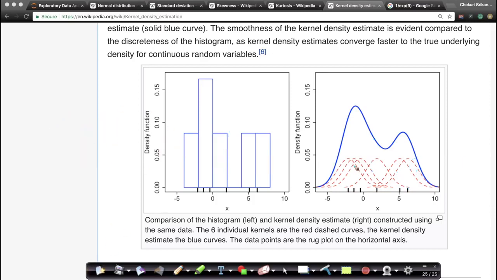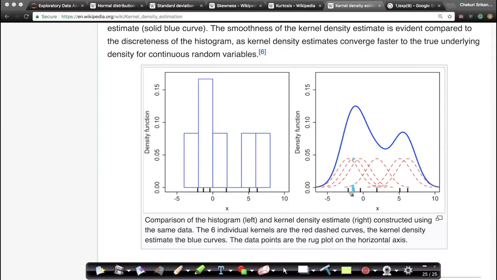But why is this intuitively right? If there are more points in a neighborhood, let's assume around this point there are 2 other points, then at this point you'll find a lot of density. For example, you'll find the kernel corresponding to this point itself.